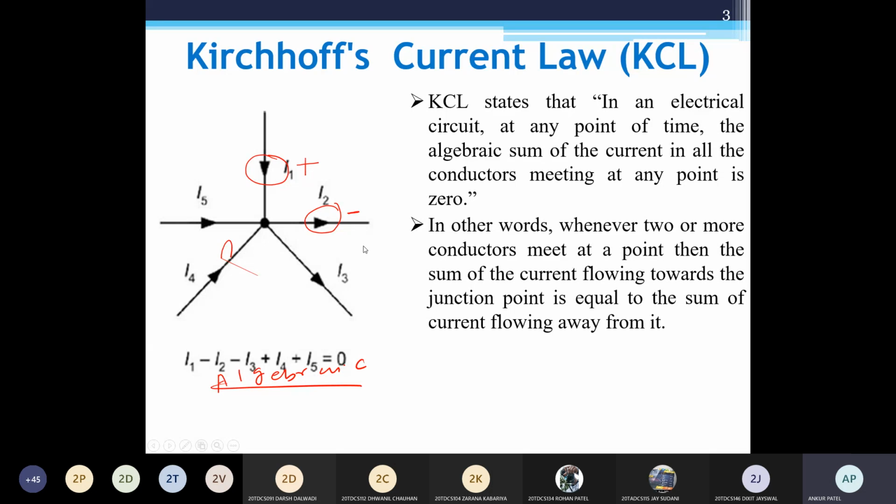Suppose I am giving one task. I have two branches. This is my R1, this is my R2, this is my R3, this is my R4.